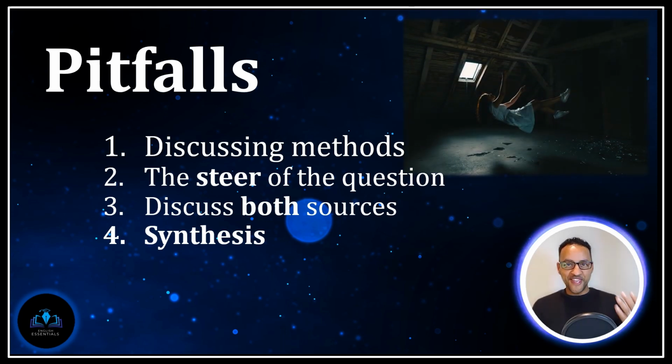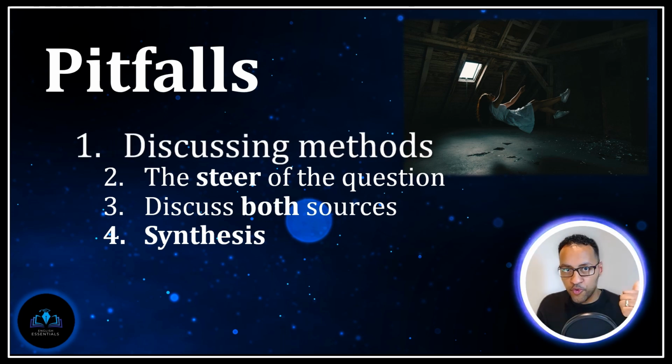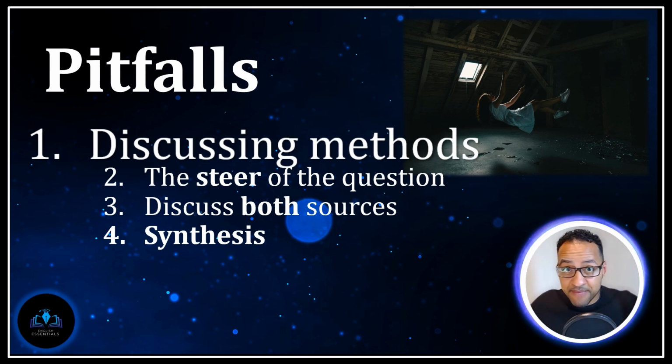So this is what we stuck around for, the pitfalls, the kind of errors that I consistently see every year with my year 10s and my year 11s. Okay, so the first error is this. Many kids keep discussing the methods. You do not need to talk about the language or the structure for this question. Forget about that.